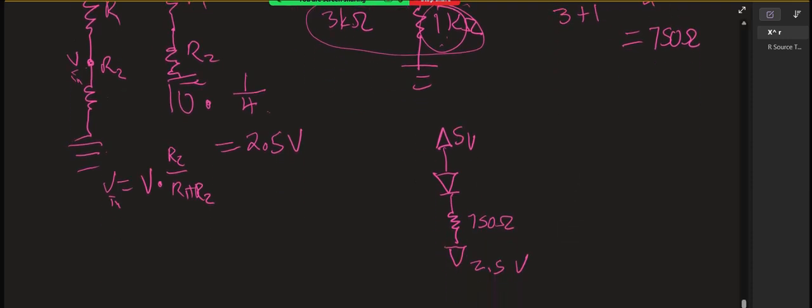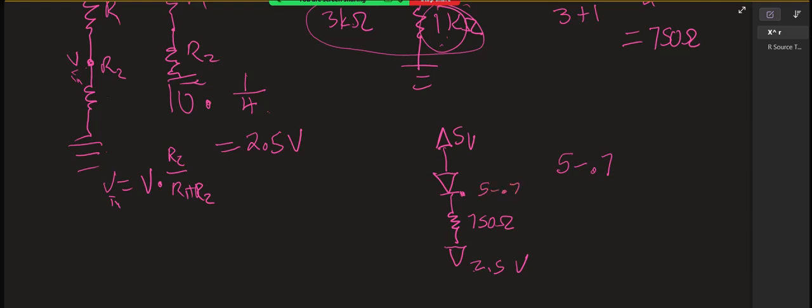Okay, so now what I'm going to do is say the current from the top all the way to the bottom is going to be, on the other side of the diode, 5 minus 0.7. So that's the voltage right there, 5 minus 0.7.